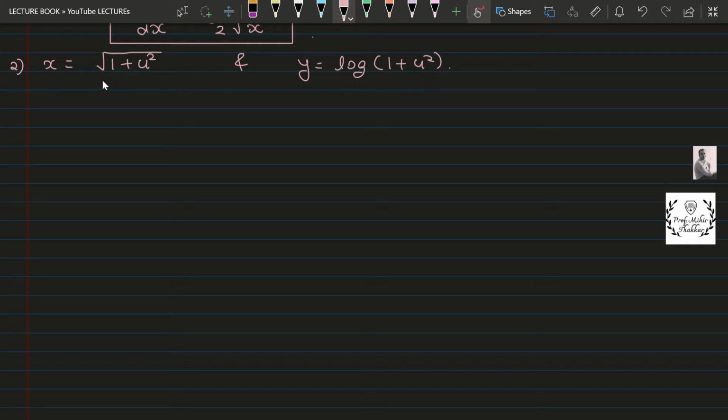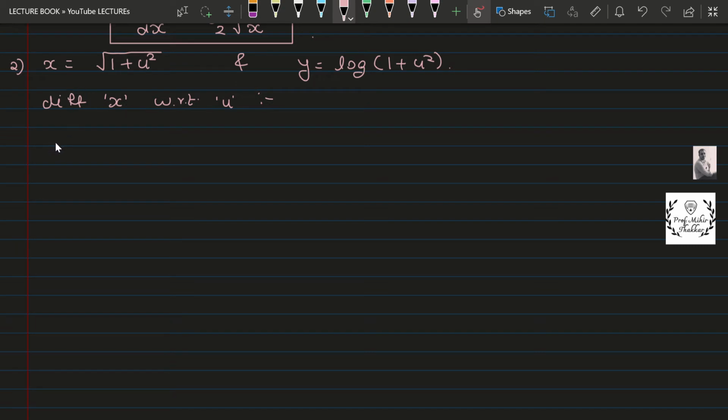So when I want to differentiate this, I have to say differentiate x with respect to what? Can you guess? x is expressed in terms of u. So guys, you guessed it right. We have to differentiate x with respect to u.